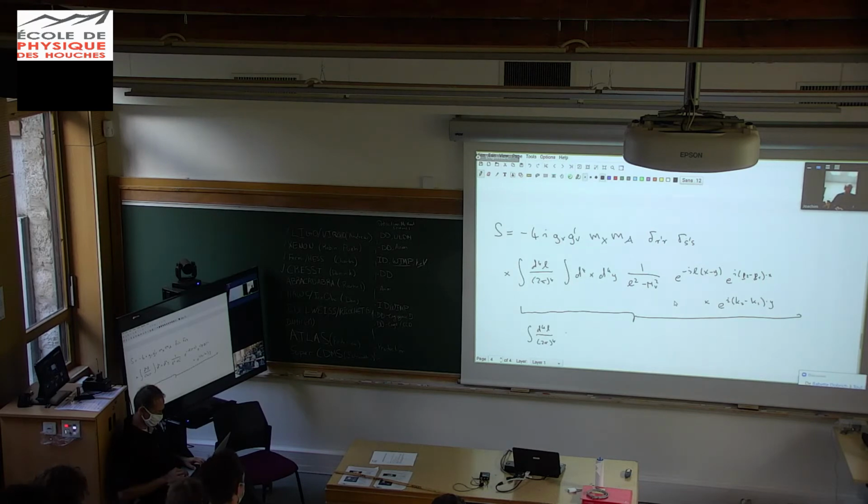Then you get two delta functions, 2 pi to the 4 delta 4. So you need to collect the terms with the x's. So this one, and this one. So that gives p2 minus p1 minus L. And then there's another one where you integrate over y. So that gives another factor, 2 pi to the 4 delta 4, and now we have k2 minus k1 plus L.